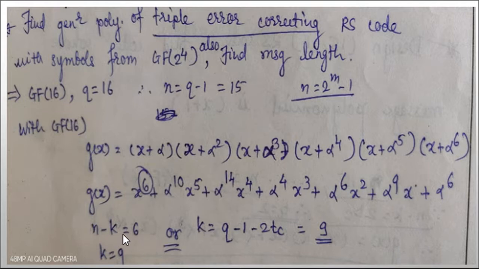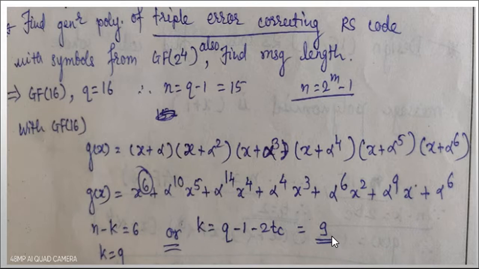From this, just refer to the earlier equation, k is equal to q minus 1 minus 2 tc. q is nothing but 2 raised to m. So for our case, q will become 16. So it is giving ultimately the value of k as 9.